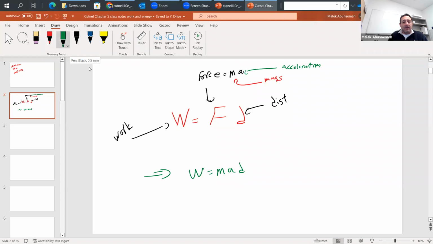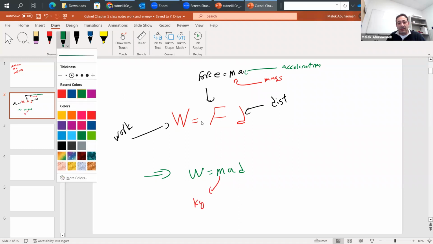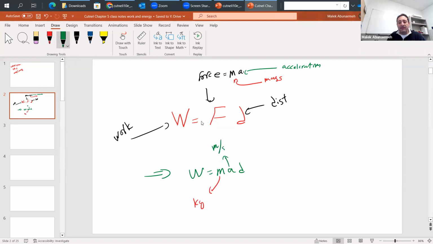Now, in thinking of terms of units, your mass is going to be in kilograms. Your acceleration would be in meters per second squared, where your distance is going to be in meters. Having all three of them, adding them up, what you're going to get? You're going to get kilograms, meters per second squared times the other meter, which is going to equal your kilogram meter squared per second squared.